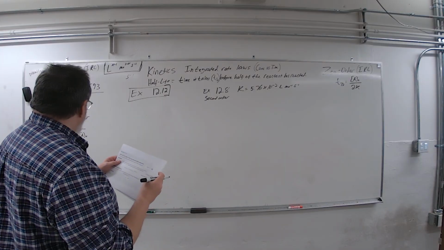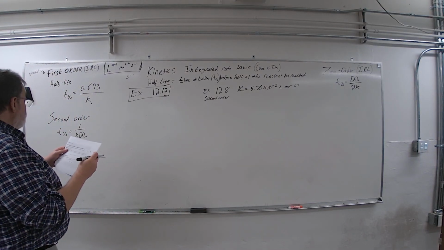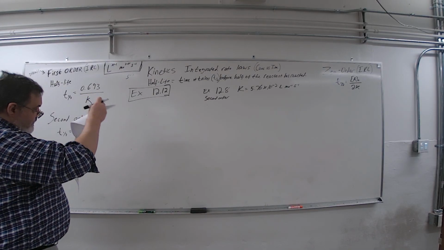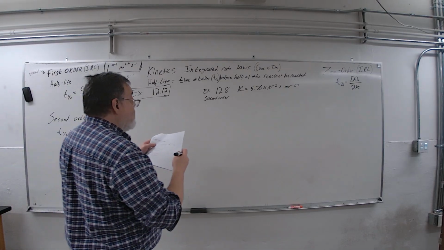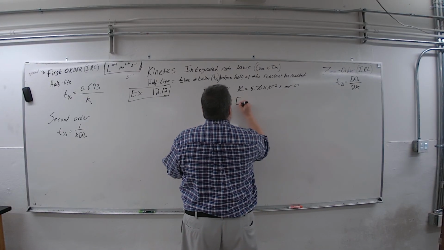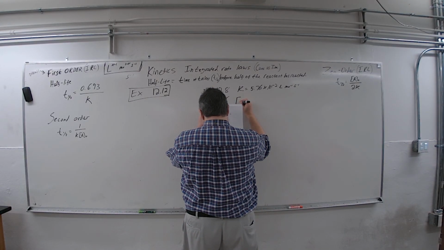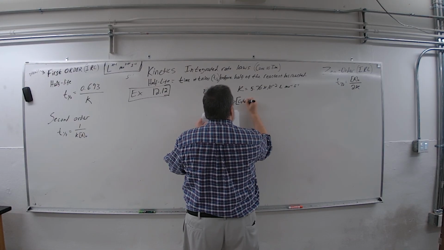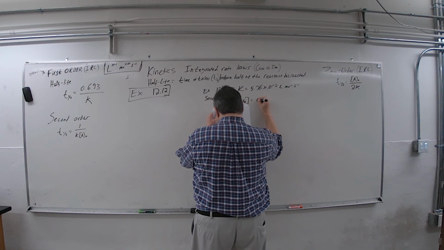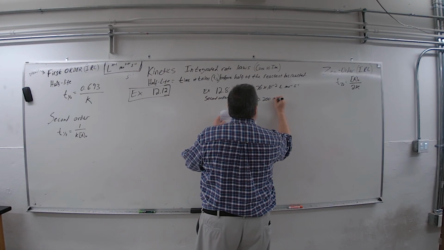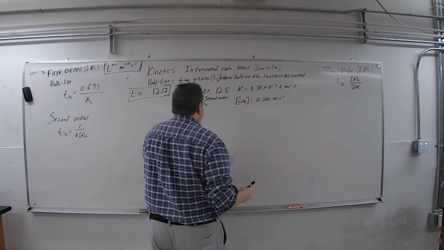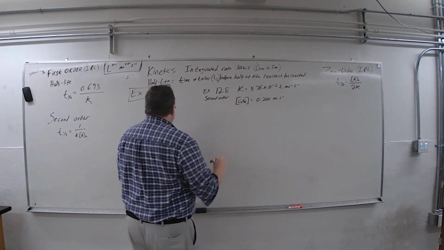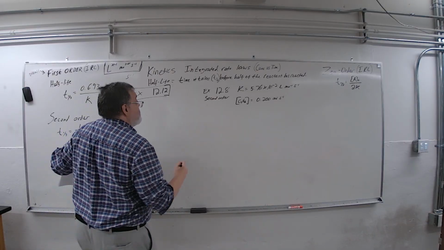So we can figure that out. We also need the concentration of C4H6, 0.200 mole per liter. So I had to look back to 12.8 to get these two data points, and the rest is just using this equation.